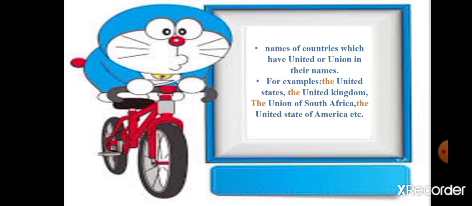According to this rule, we will put the before all those countries which have union or united in their names. For example, the United States, the United Kingdom, the Union of South Africa, the United States of America. So now let's do question number 1.